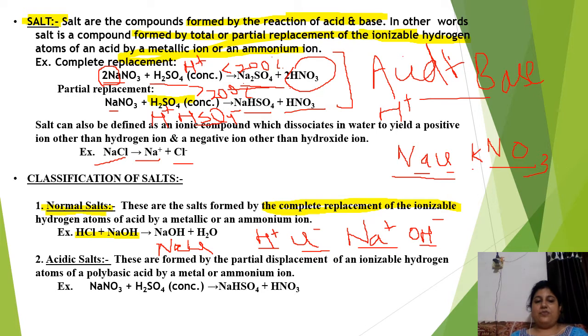The second type of salt is acidic salt. ठीक है. In acidic salt, basically beta, they result from the reaction between a strong acid and a weak base, or you can also say that the acid incompletely or partially replaces its hydrogen atom.